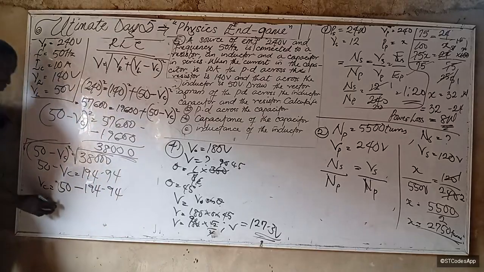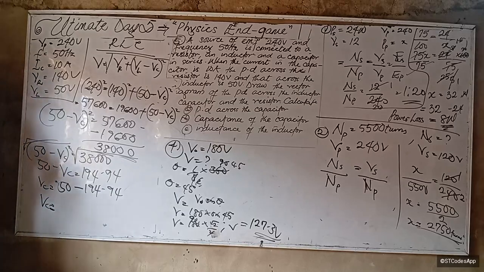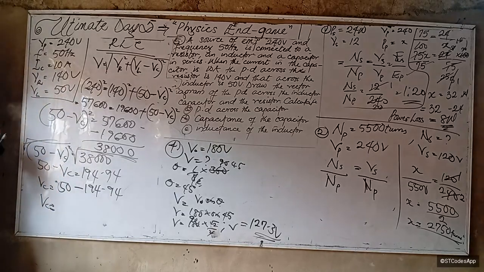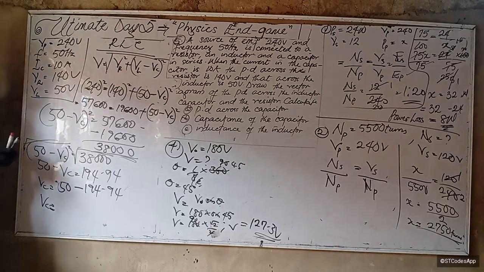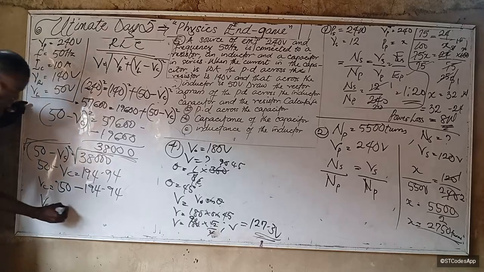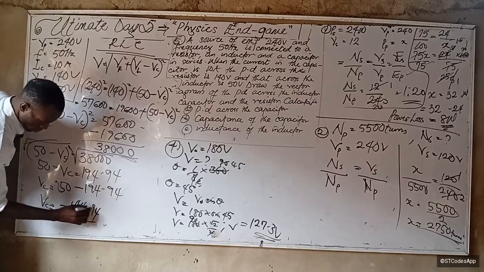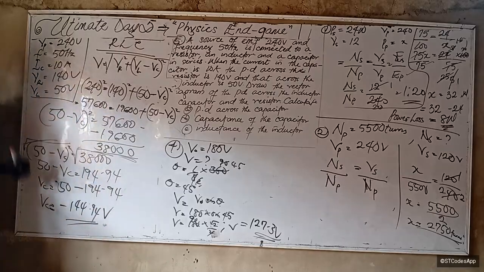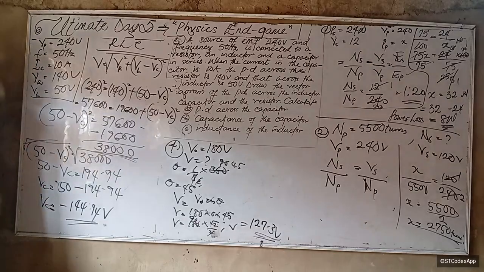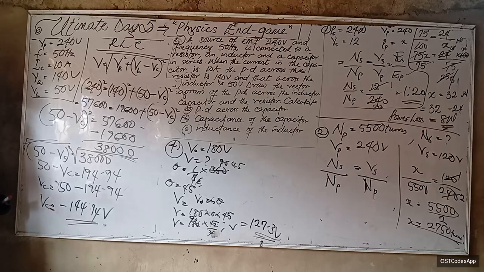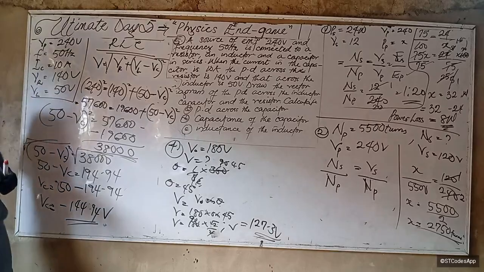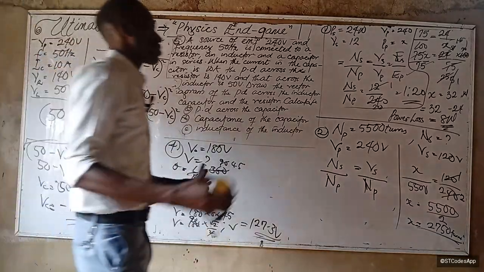That gives minus 144.94 volts. I'm thinking since V sub C is down, that will be the negative direction. Do you understand? It's qualitative there, right?